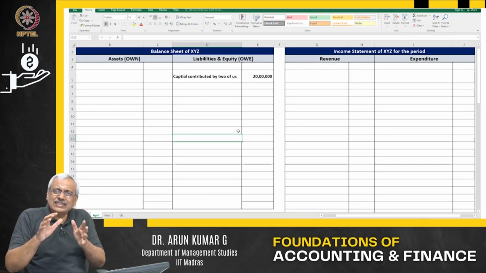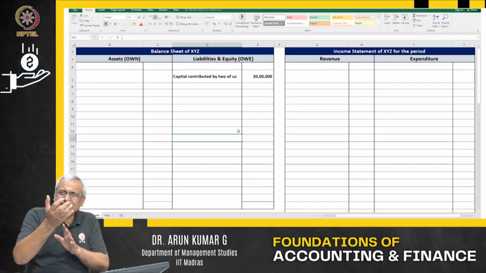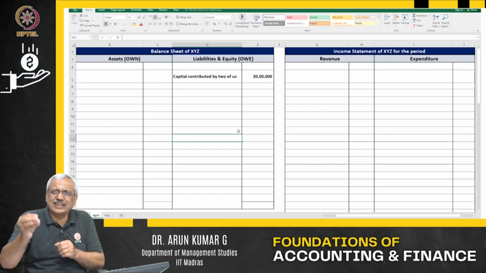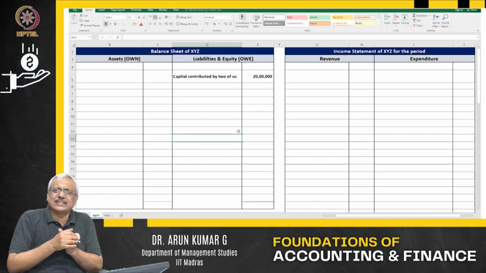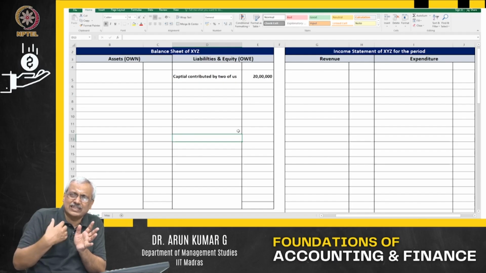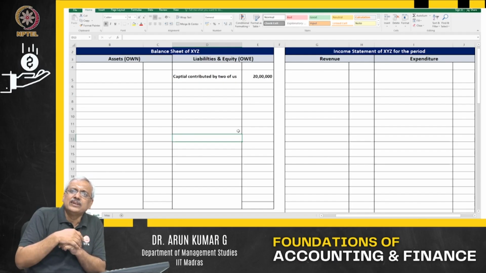Now imagine that 20 lakhs is in the form of hard currency, or it is deposited in a bank account. For example, each one of us has opened an account called XYZ, and then we have deposited 10 lakhs in that account. The account is owned by XYZ company, not by us. We are signatories for the check, that's all. It is owned by XYZ.